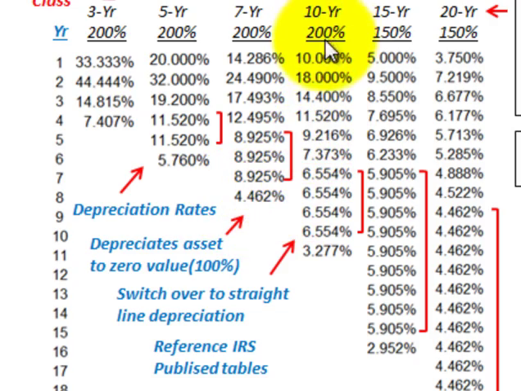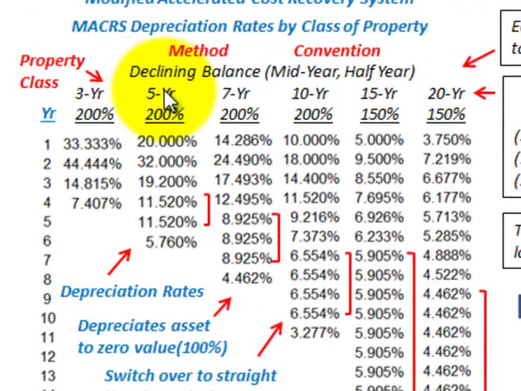So all you have to do is define whatever asset you have, define the property class, make sure you have the proper table for the method you were using, and then the proper convention, be it mid-year or mid-quarter, and so forth.